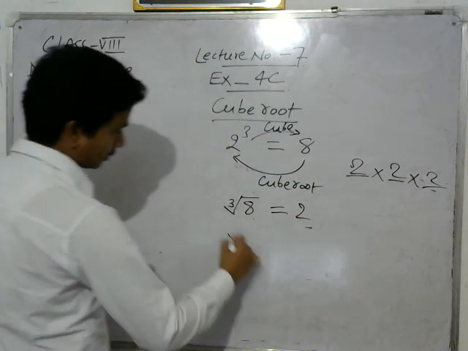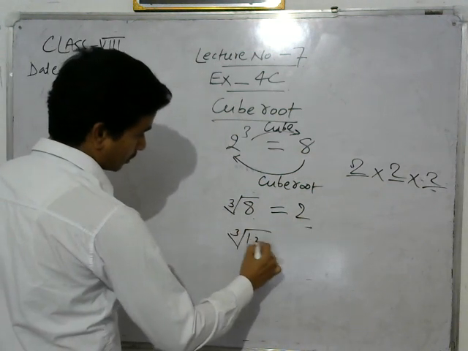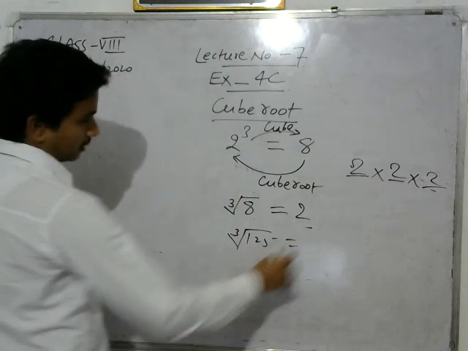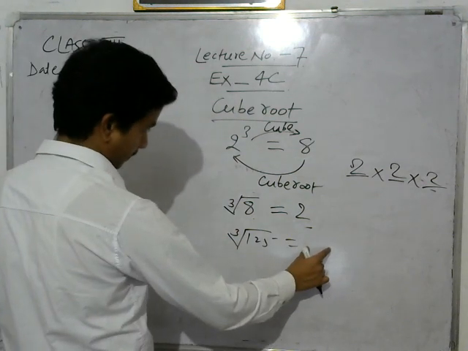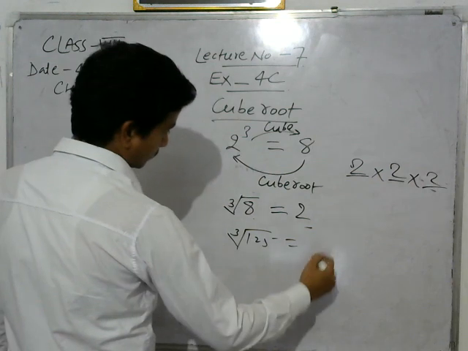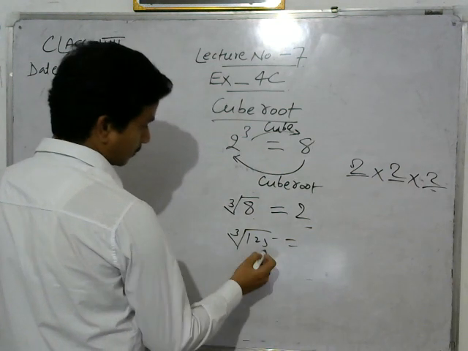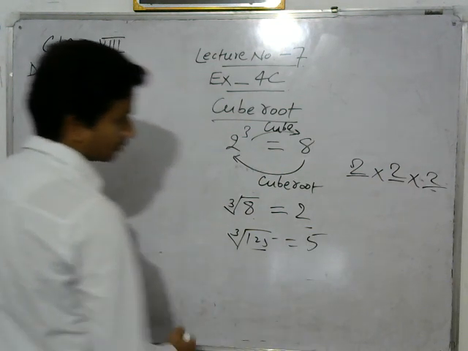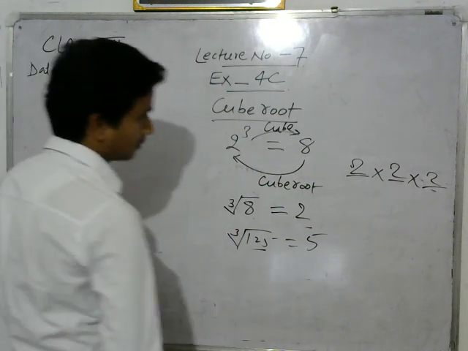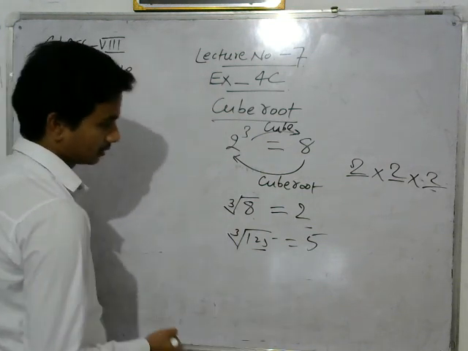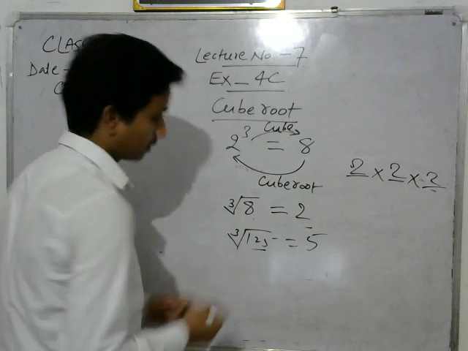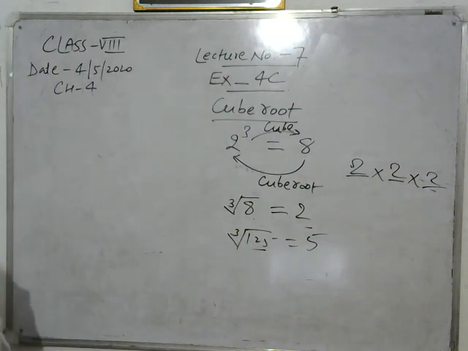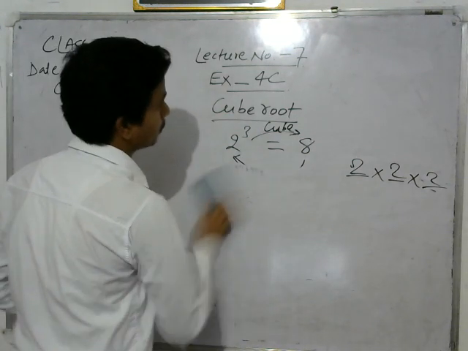Similarly, if you want to find the cube root of 125, it means which number should be cubed so that you will get 125? 5. 5 should be multiplied 3 times, then you will get 125.